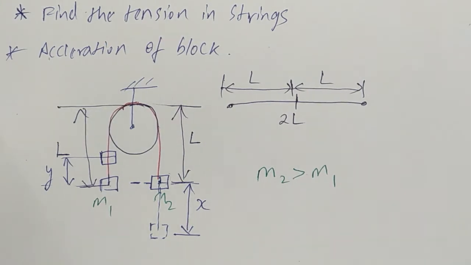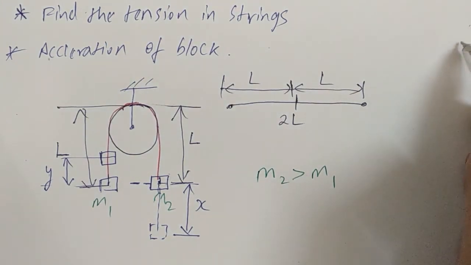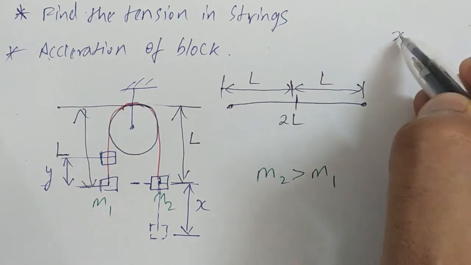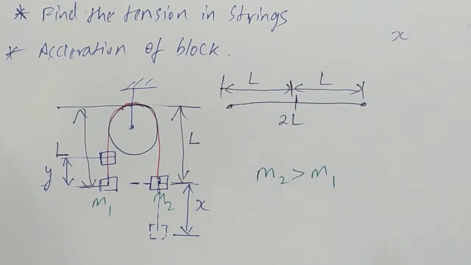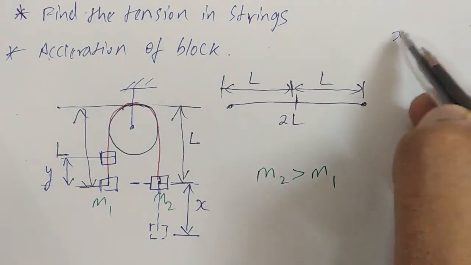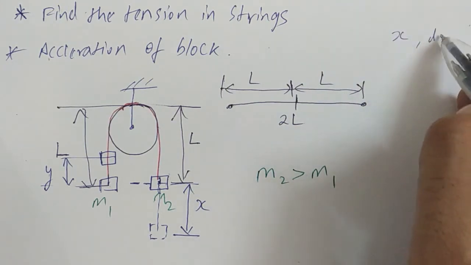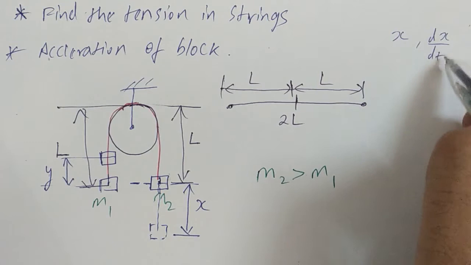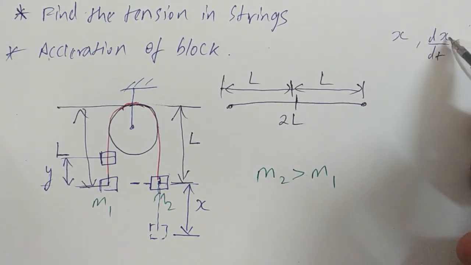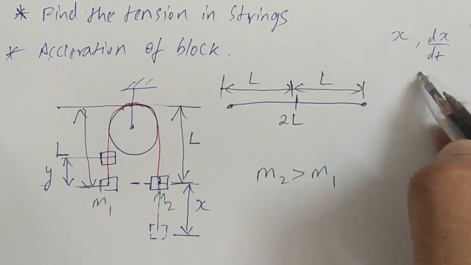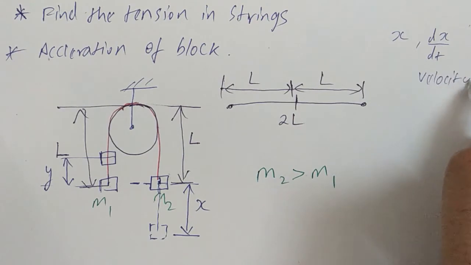If you can determine the distance traveled by a certain body in a certain time, then differentiating x with respect to time, dx by dt, which means the small distance traveled per unit time, gives the velocity of that body.